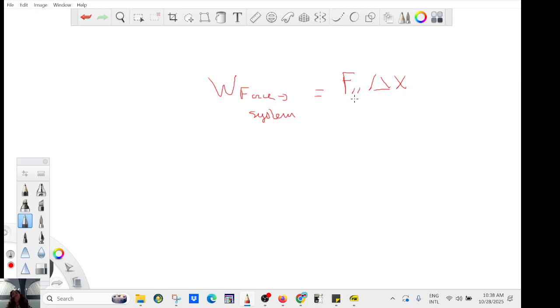So we take only that component here parallel to the displacement. And the net work, okay, will be equal to the net force times displacement if it's moving along the x, for example, and that will be equal to the change in kinetic energy. So final v squared minus initial v squared.